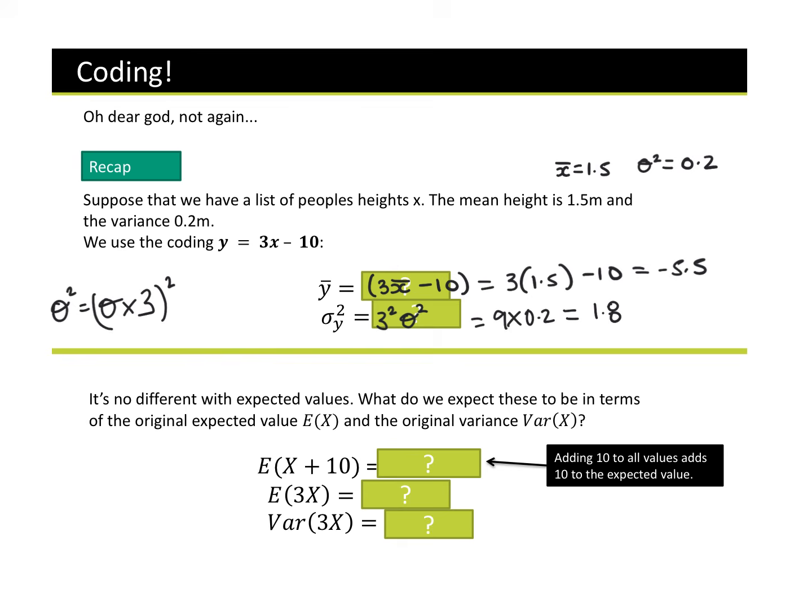Okay, so the same below with our expected value here. E of x plus 10 is just the same as finding E of x and then adding 10. E of 3x is the same as 3 lots of E of x. Our variance, now remember it's the standard deviation squared, so this is the same as 3 squared lots of our variance of x.